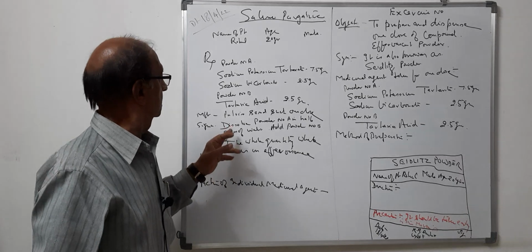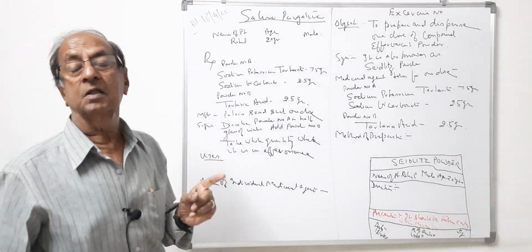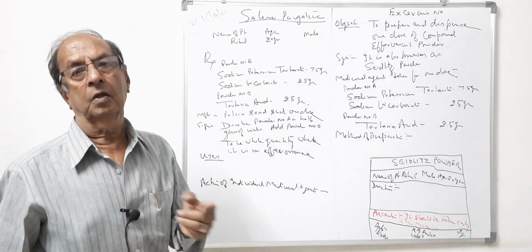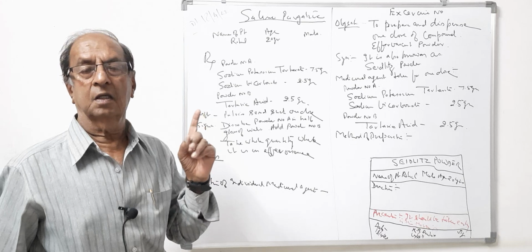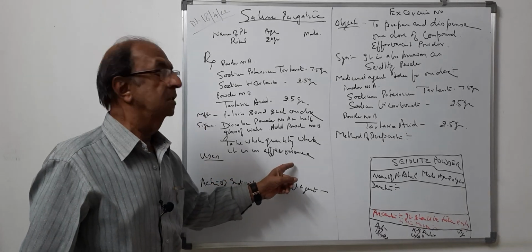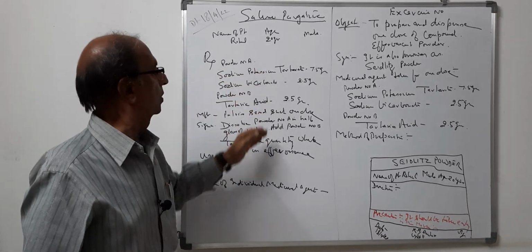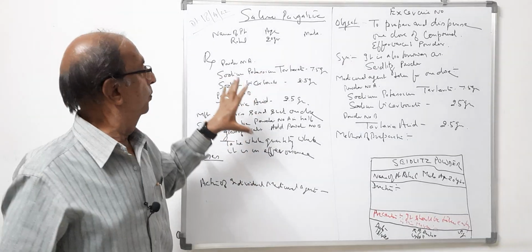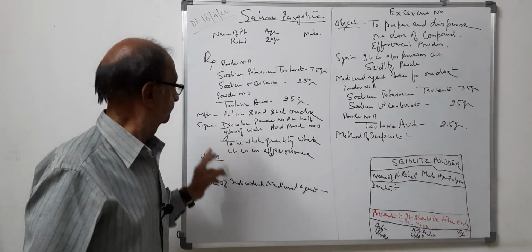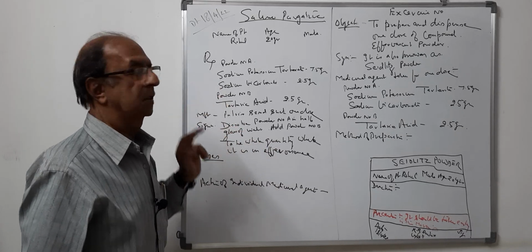That is the reason this particular preparation is also known as carbonic drink. As we are taking Coca-Cola, Thums Up, etc., these all are carbonic drinks. So evolution of carbon dioxide is to subside the salty taste of these salts which are being taken in bulk quantity. So this is the reason of mixing of tartaric acid and sodium bicarbonate.